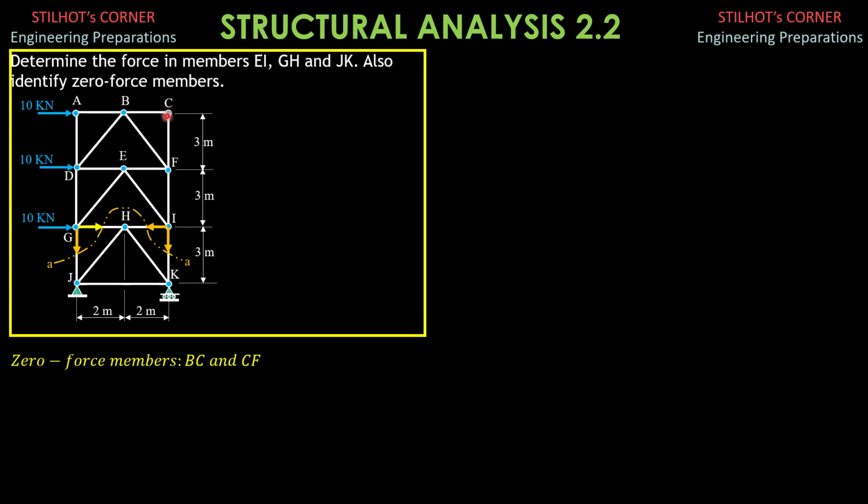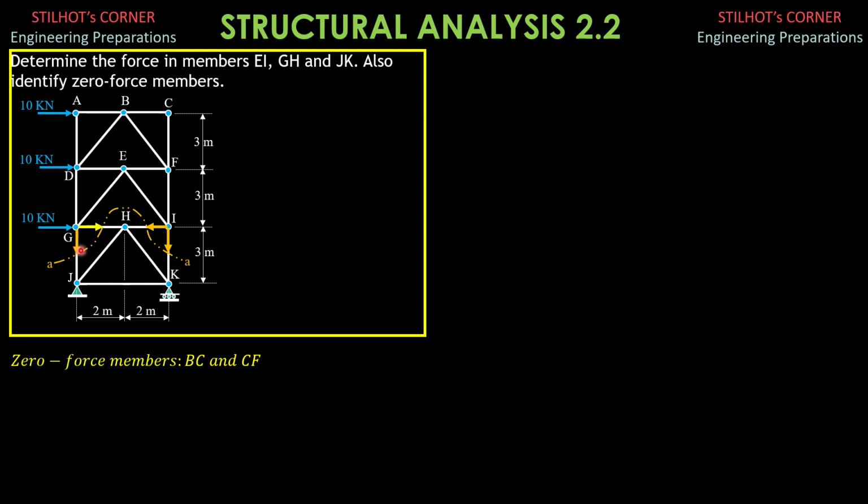These two members are zero force members, BC and CF, because there are only two concurrent forces at C in equilibrium, and therefore, by principle, these are zero force members. We may prove this by summing up forces horizontal. Then BC is 0, summation forces vertical. If BC is 0, then CF is also 0.